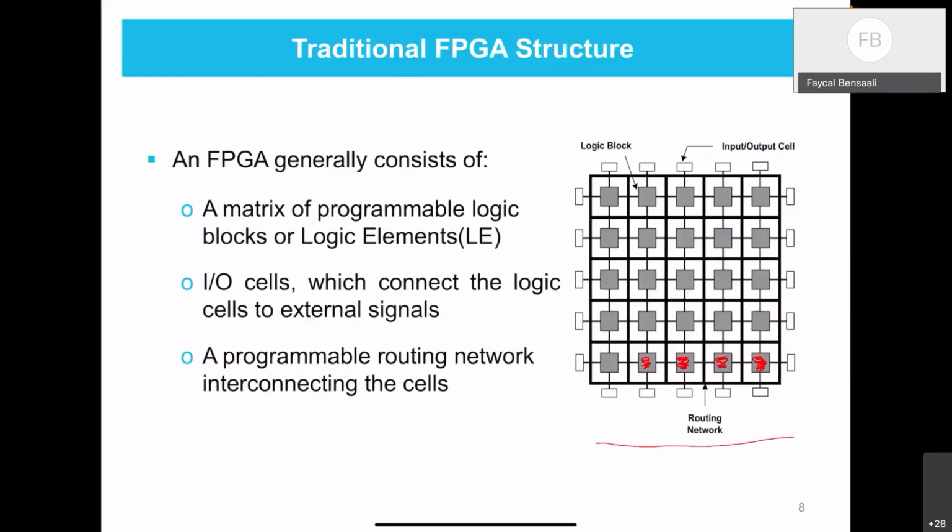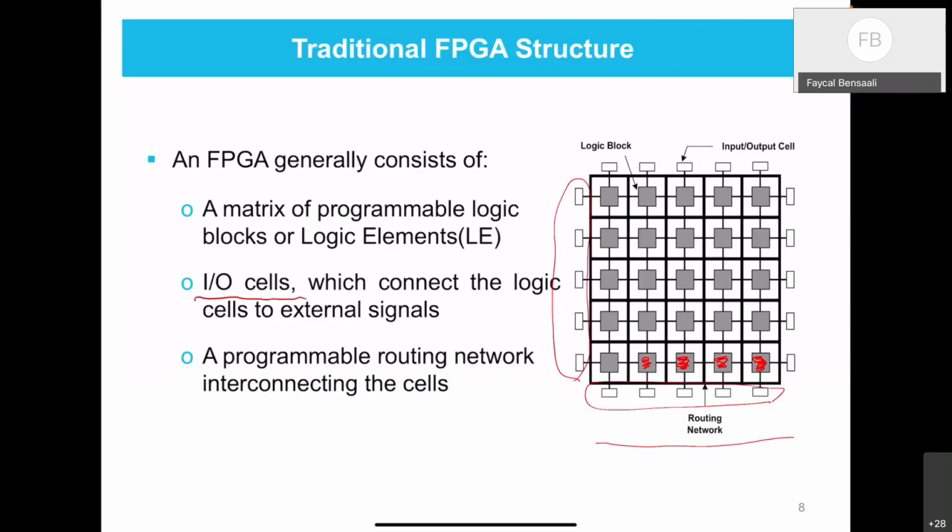Those are the logic elements, logic blocks. We have millions of those in an FPGA. And then we have input-output cells, which connect the logic cells to external signals. And of course, we have lots of those cells.